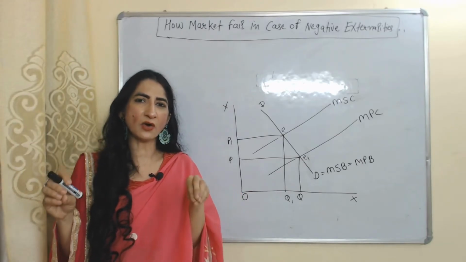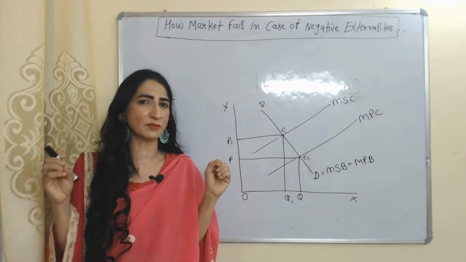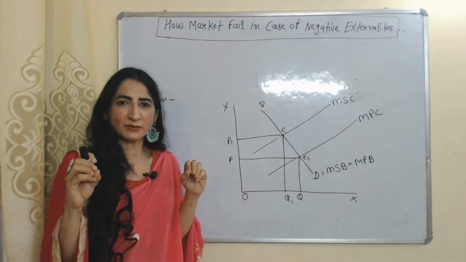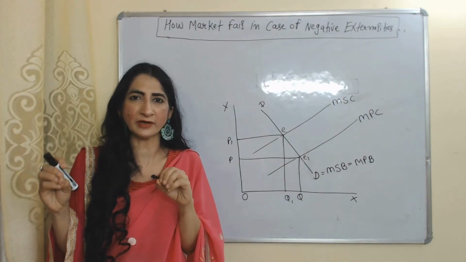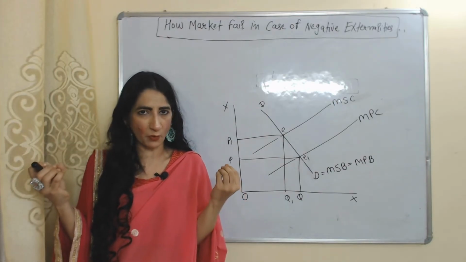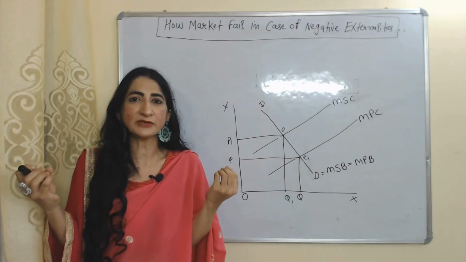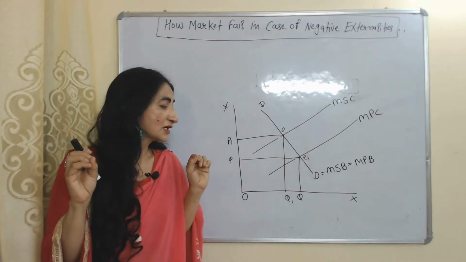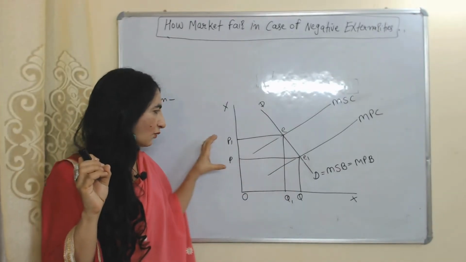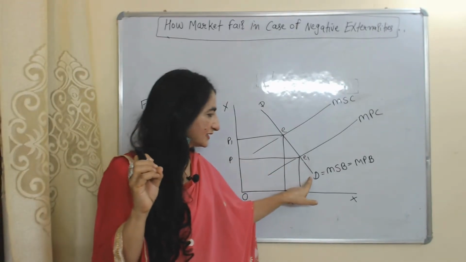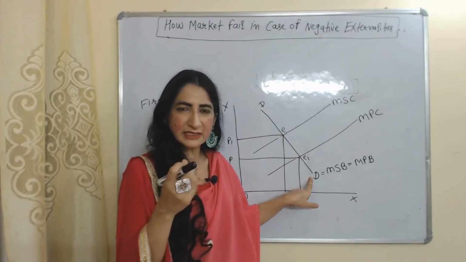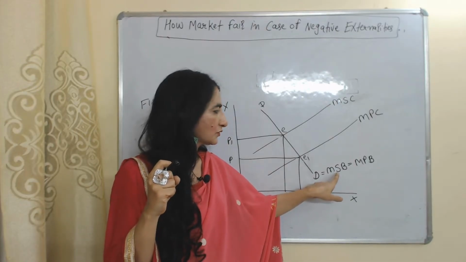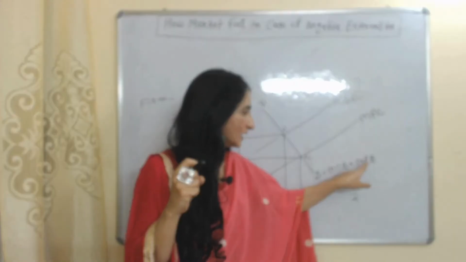Now we will see how negative externality can become a cause of market failure with the help of this diagram. Here we assume there is one firm that is generating so much environmental pollution, and this pollution is creating a harmful effect on the health of society. On the x-axis we have quantity and on the y-axis we have price. This DD is the demand curve of the firm which is generating environmental pollution, and we assume this demand curve is equal to MSB and MPB.